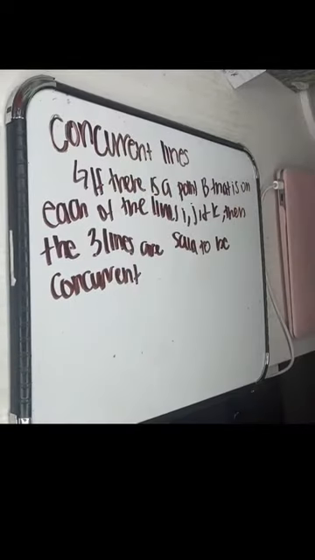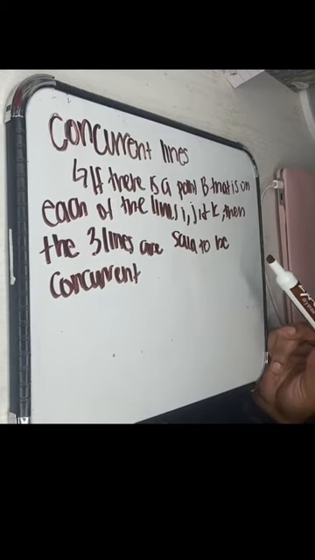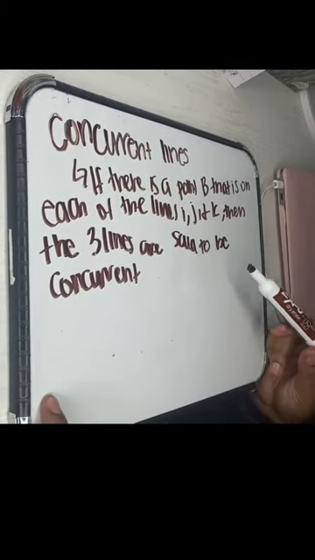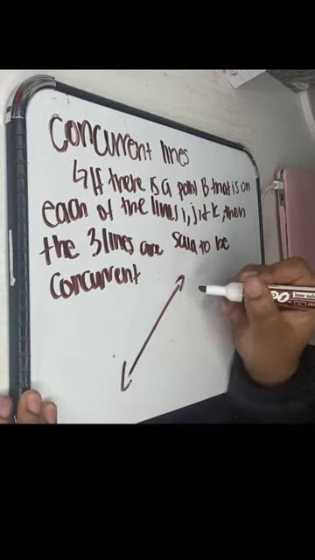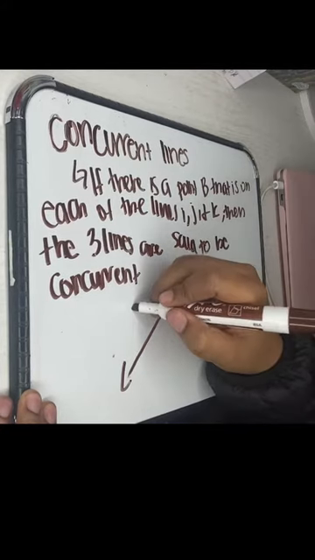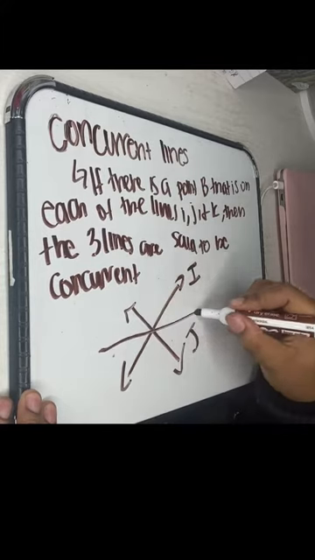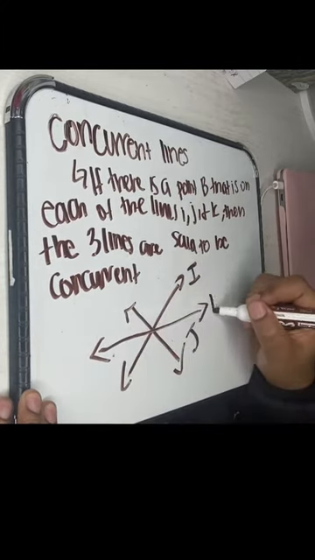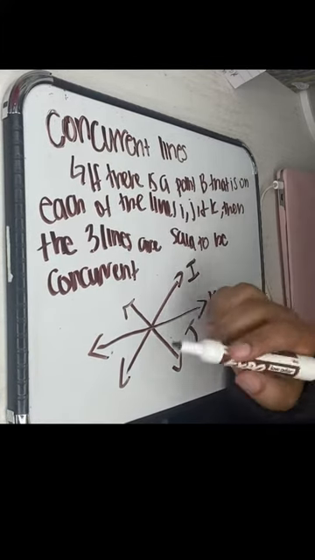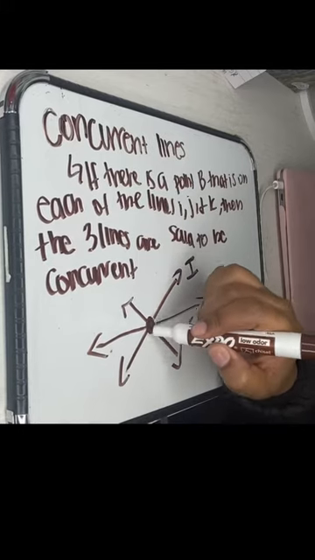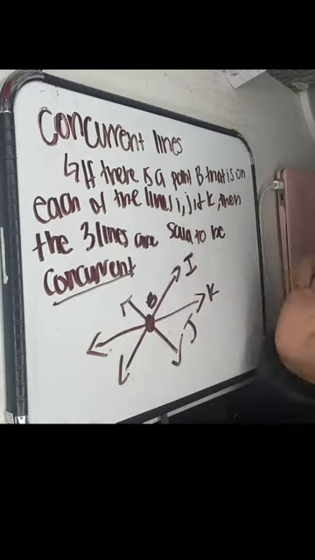Okay, so now we're moving on to concurrent lines. If there is a point B that is on each of the lines I, J, and K, then the 3 lines are said to be concurrent. So let's say we have line I, line J, and line K. So if there is a point B that is on each of those 3 lines, so if it has to touch all 3, that is where it intersects, then that means that these lines are concurrent.